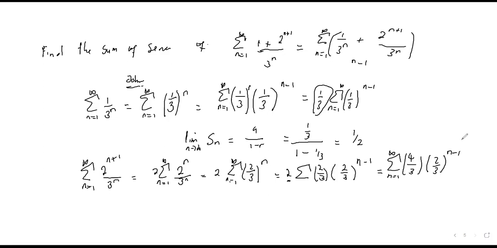So that's how it's going to be. Then now we get the limit. The limit as n goes to infinity of Sn is 4/3 as our a over 1 minus 2/3. So you work out this, should be able to get 4.